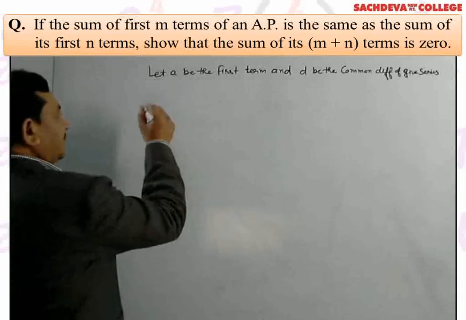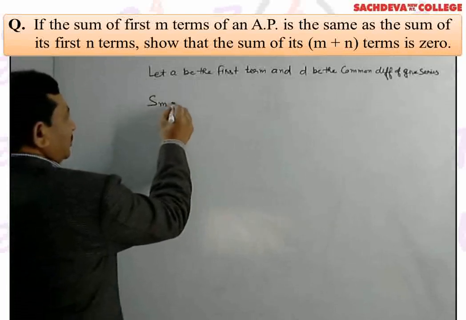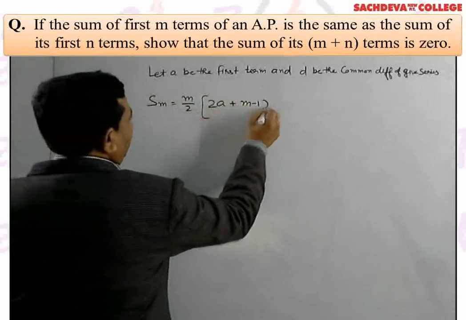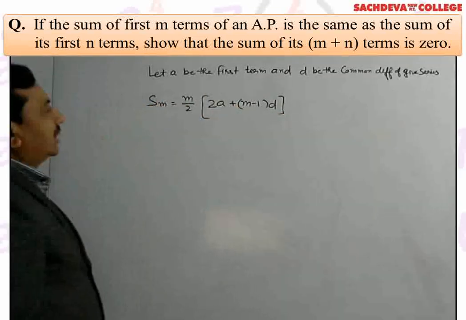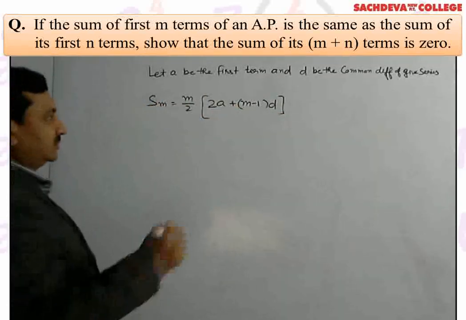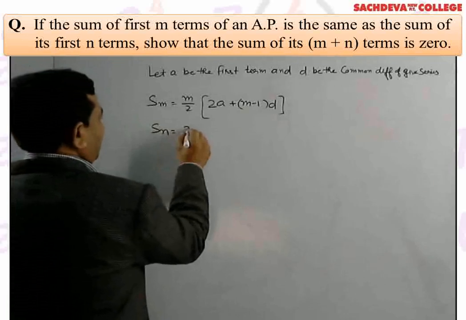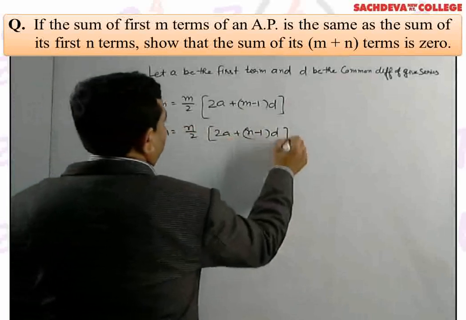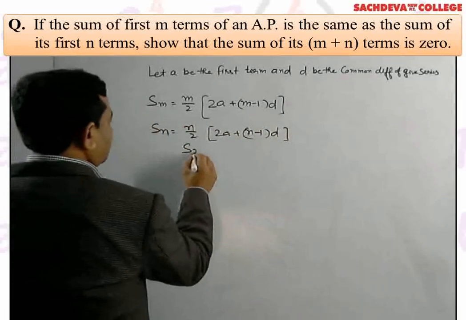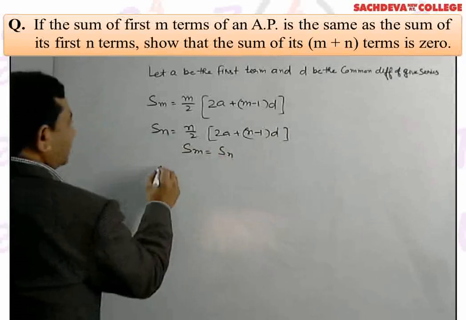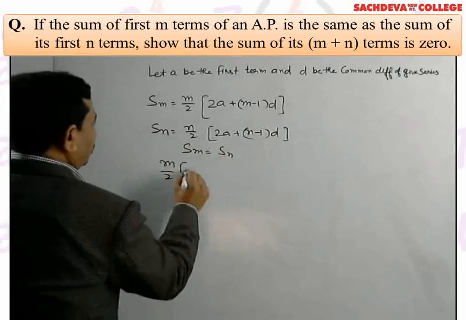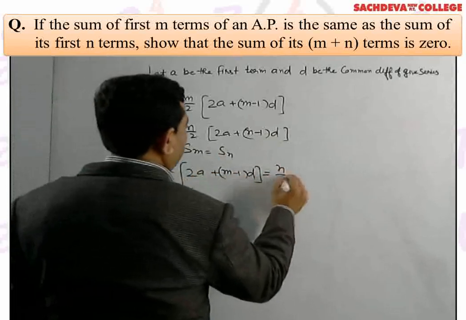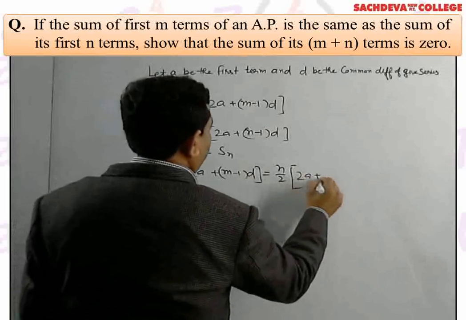So sum of first m term Sm is equal to m by 2 into 2a plus m minus 1 into d. And sum of n term is given here. Sn is equal to n by 2 into 2a plus n minus 1 into d. Given that Sm is equal to Sn, it means m by 2 into 2a plus m minus 1 into d will be equal to n by 2 into 2a plus n minus 1 into d.